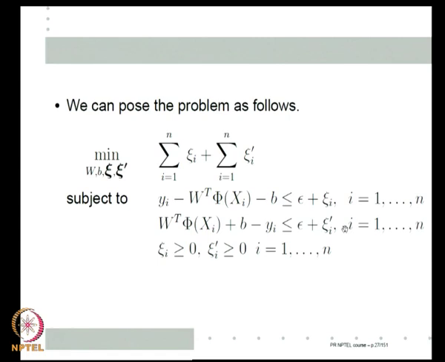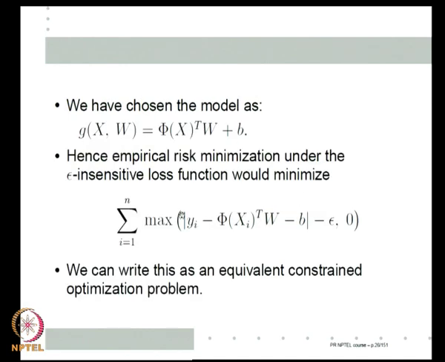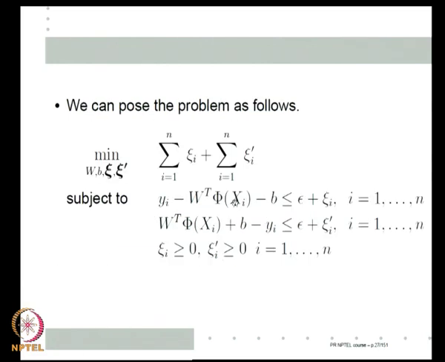So, essentially what we are saying is, one of ξ_i or ξ_i prime will be greater than or equal to the absolute value of y_i minus w transpose phi(x_i) minus b minus epsilon, and is also greater than or equal to 0. So, if I just add these ξ_i's, this ξ_i and ξ_i prime is nothing but max of this minus epsilon. So, I can always write such an unconstrained minimization problem as a constrained minimization problem.